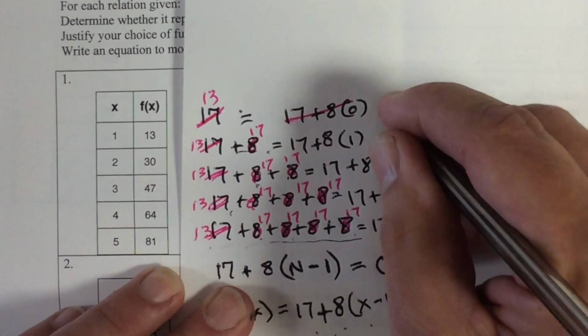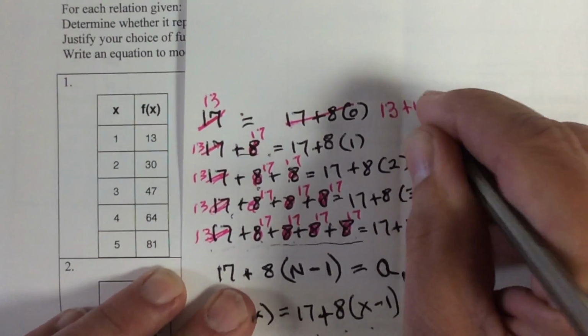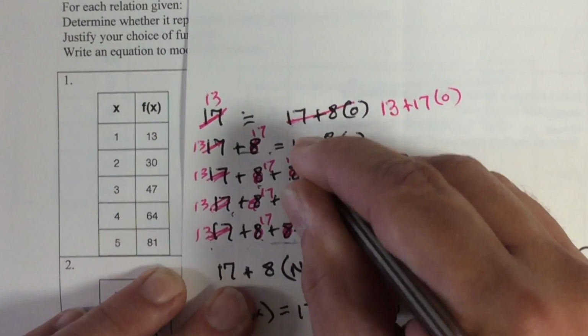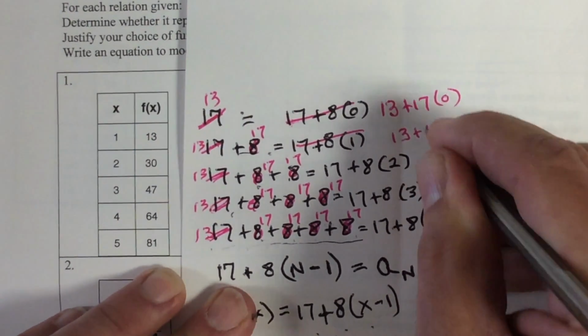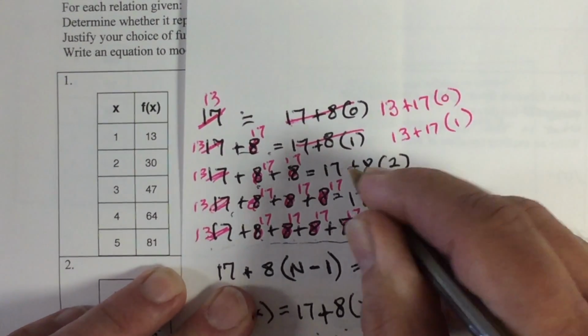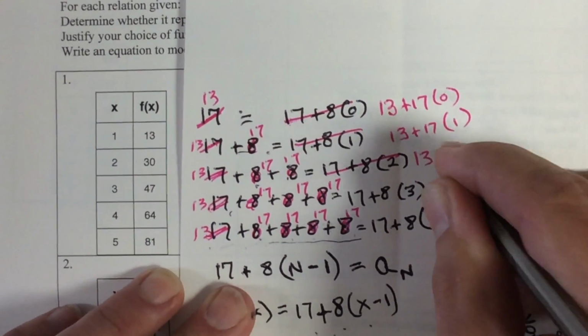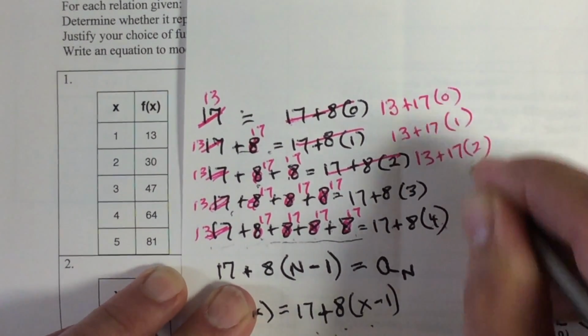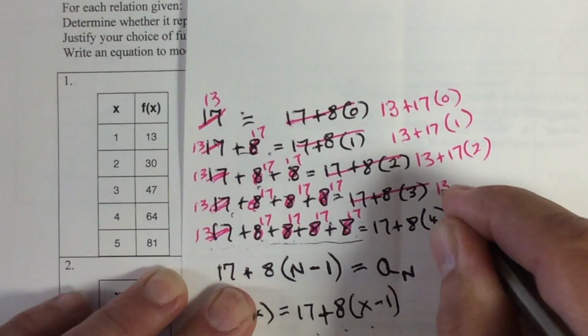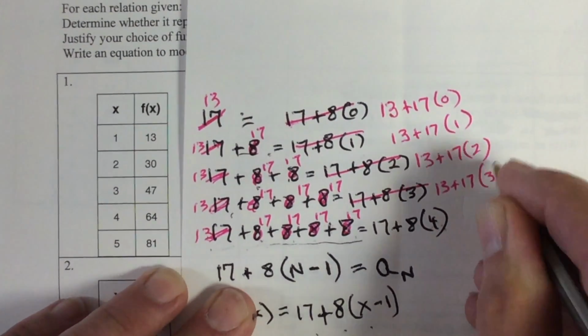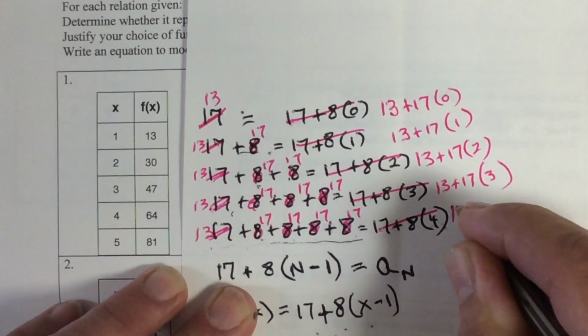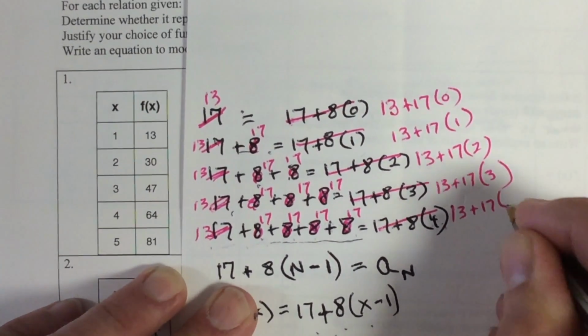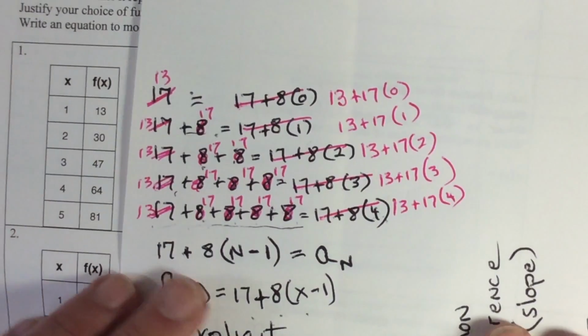This is going to be 13 plus 17 times 0. This is going to be 13 plus 17 times 1. This is going to be 13 plus 17 times 2. This is going to be 13 plus 17 times 3. This is going to be 13 plus 17 times 4. Over and over and over again. We could go on forever.